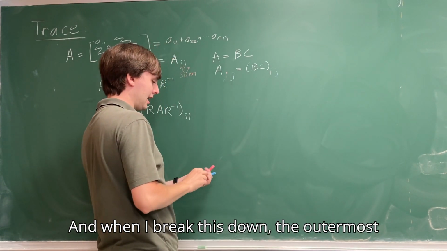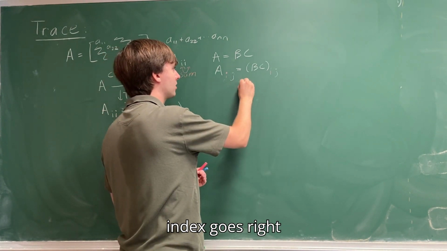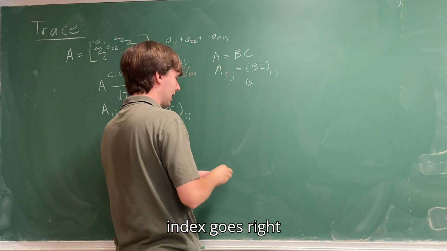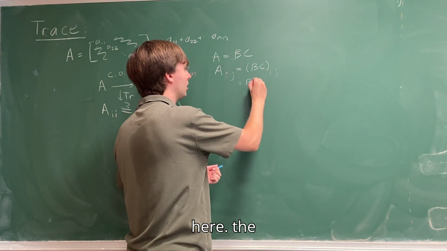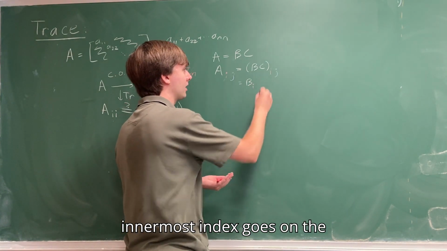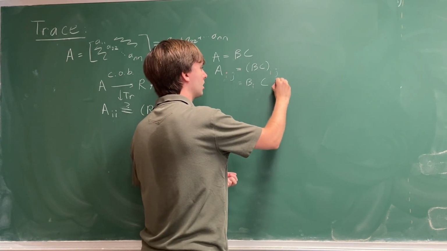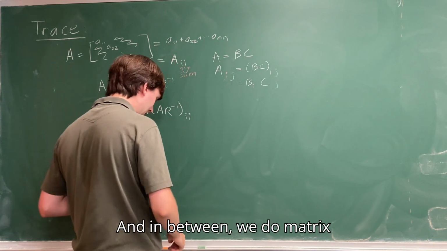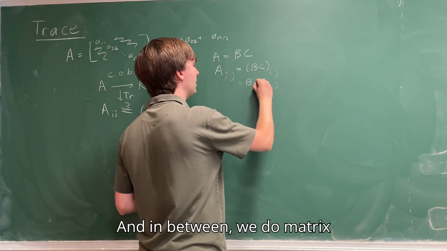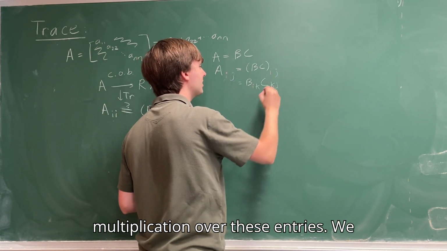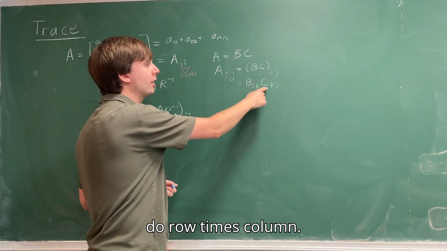And when I break this down, the outermost index goes right here. The innermost index goes on the far end of C. And in between, we do matrix multiplication over these entries. We do row times column.